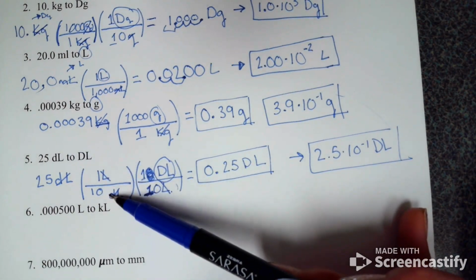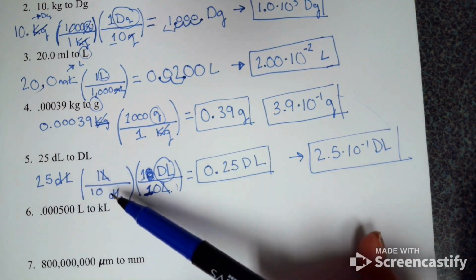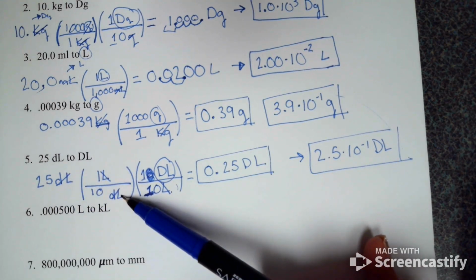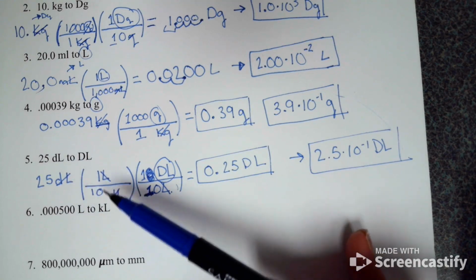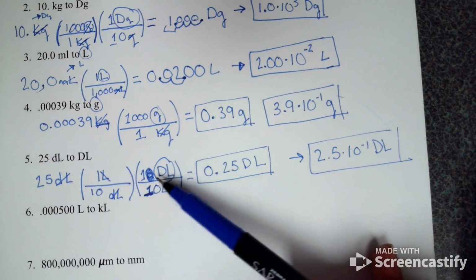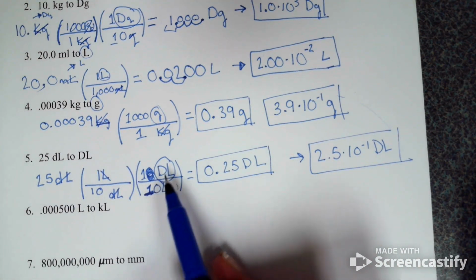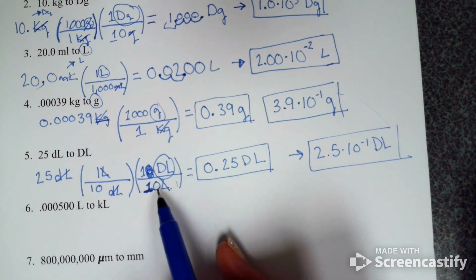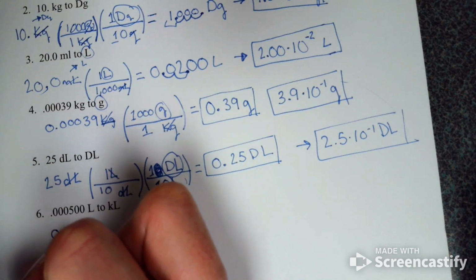For instance, does this actually equal that for each of your factors? Do your units actually cross off? So I have deciliters here, so I'd have deciliters here, liters here, liters here. And I'm left in the unit I want. When I was looking at this one, that's when I would have realized this does not actually equal that. It does now, though. All right, so let's do the next one.